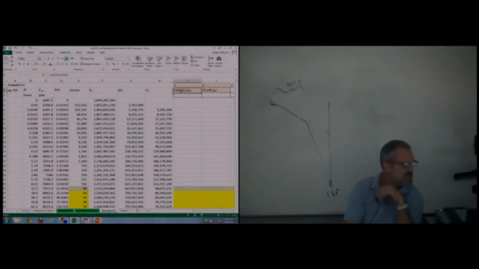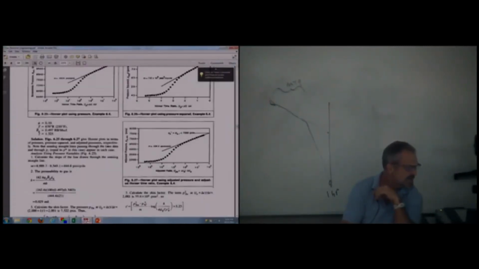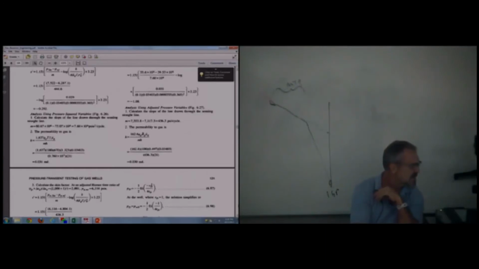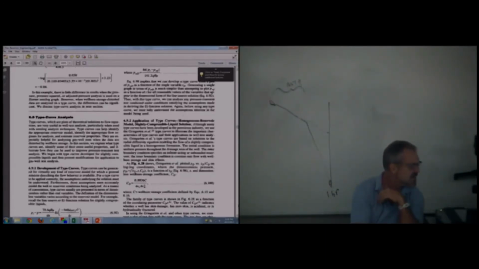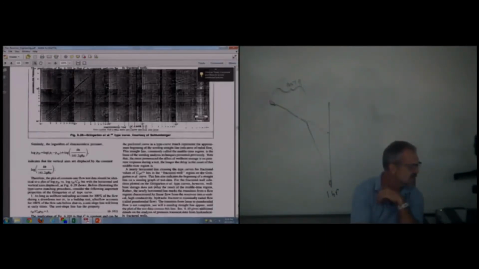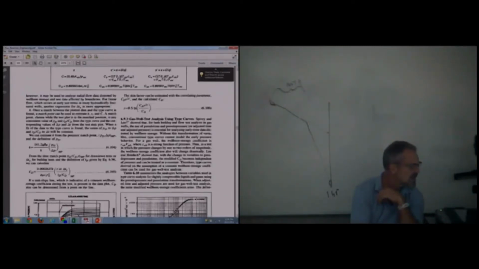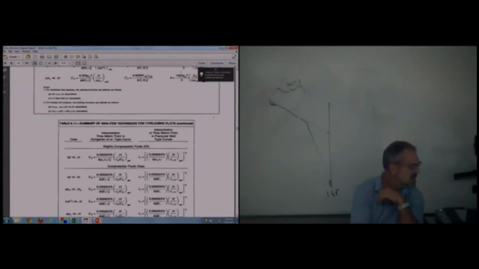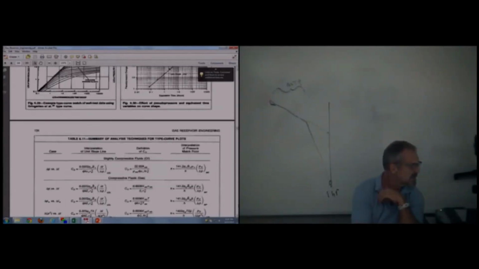There's definitions of these things in our textbook. When we get into type curve matching, I've copied those labels right from the textbook.